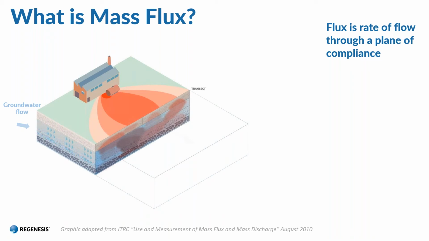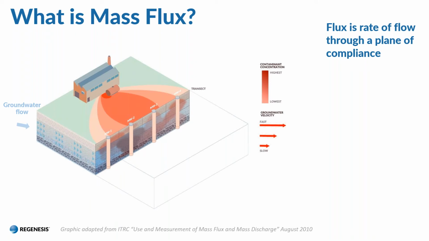What we start to see is varying amounts of contaminant mass moving along with this flowing groundwater. And since you've got heterogeneity in your aquifer, this heterogeneous flow of groundwater is moving more and less contaminants through the different zones present in our aquifer.